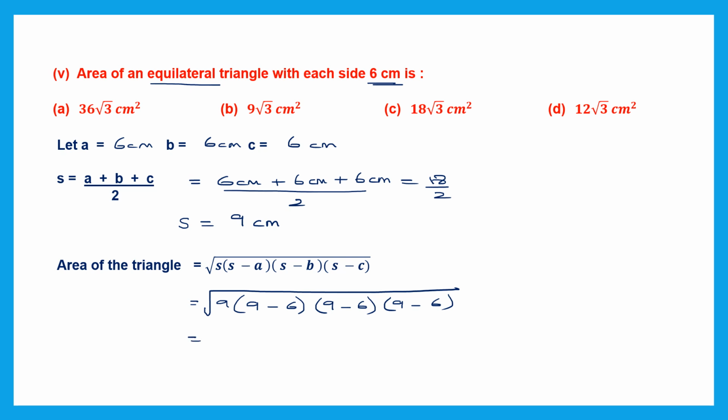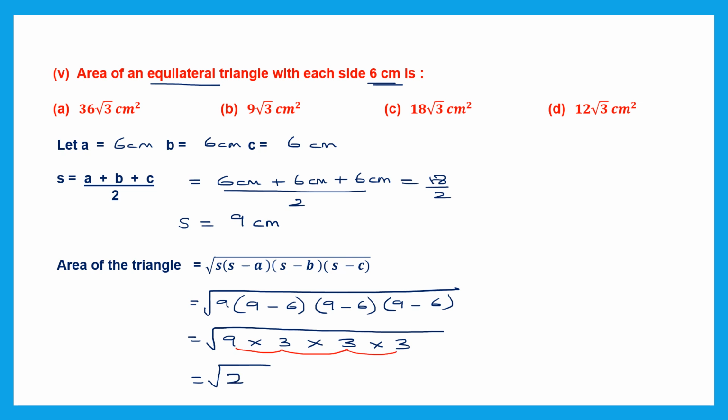Now let's simplify this. 9 into 9 minus 6 is 3, into 3, into 3. Now let's multiply all these and see what we get. 9 into 3 is 27. 27 into 3 is 81. 81 into 3 is 243.